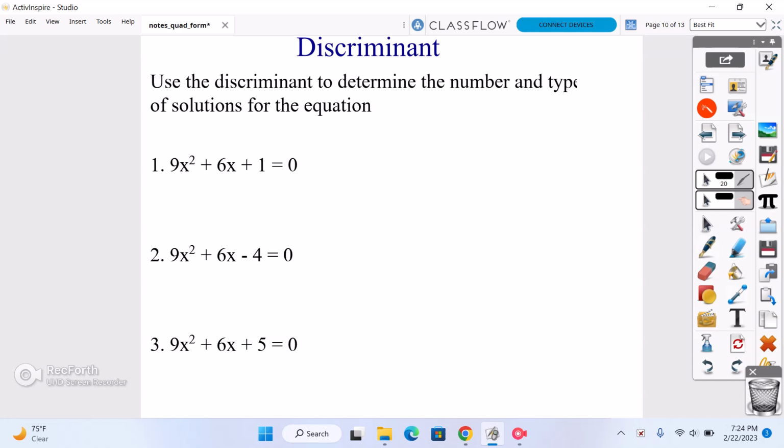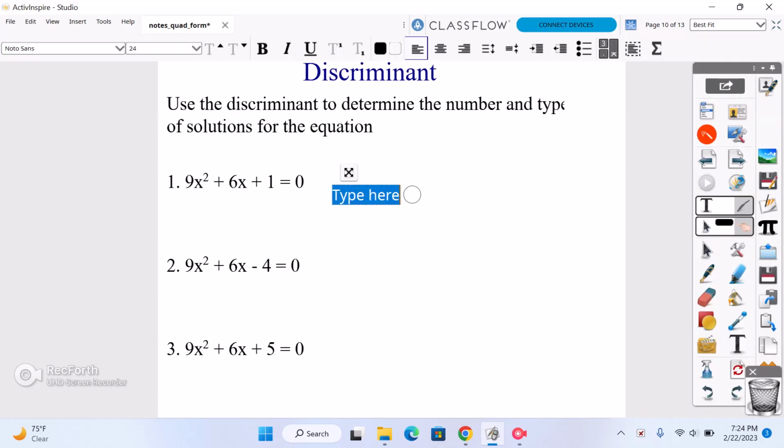So we would go ahead and we would do b squared minus 4ac. We know that a is equal to 9, b is equal to 6, and c equals 1.